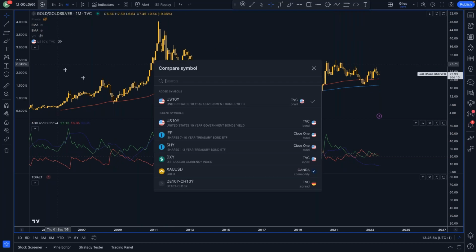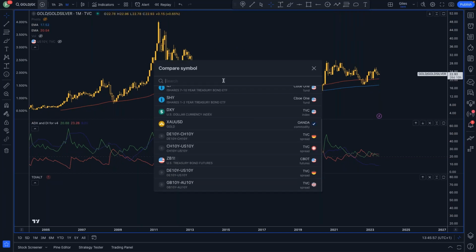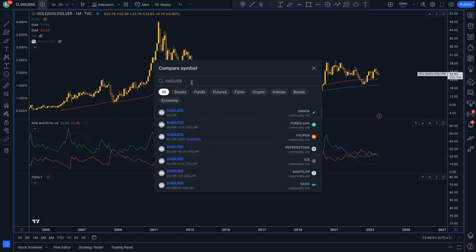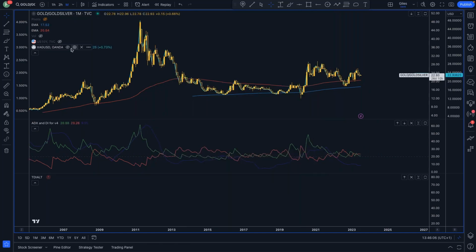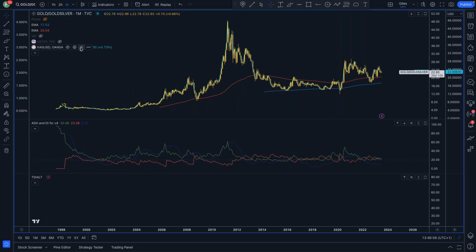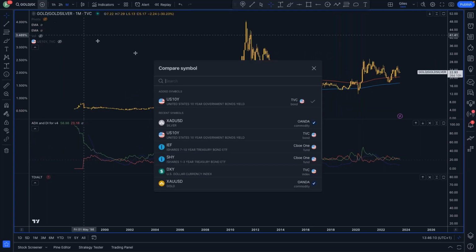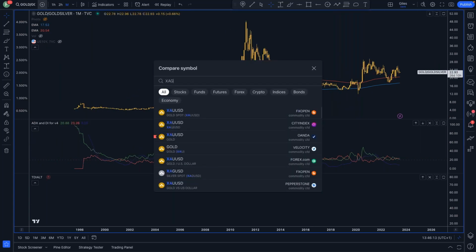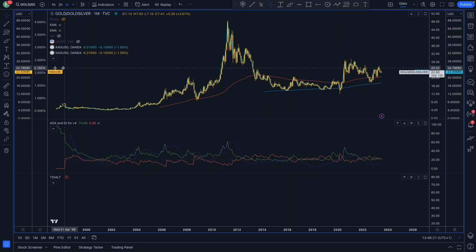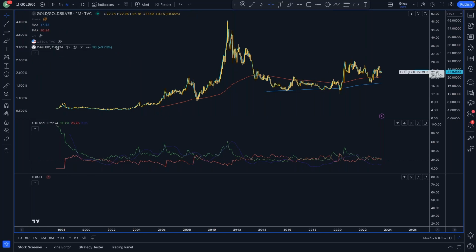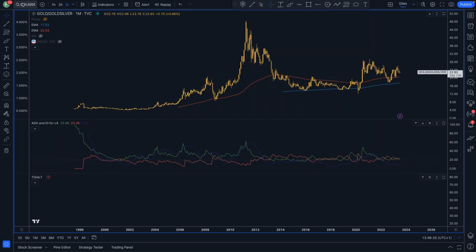If I just overlay silver onto this chart, what you'll see is when the gold-silver ratio is high, that's not right. That's bizarre. Let me try one more time.